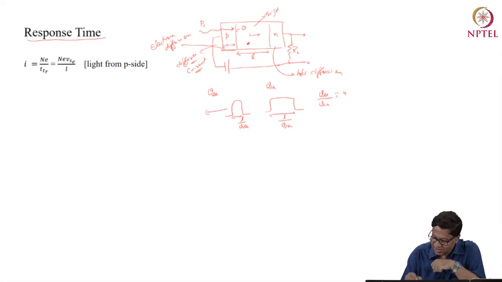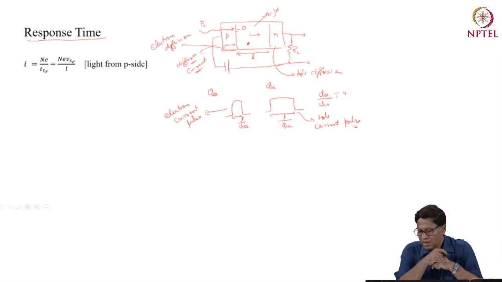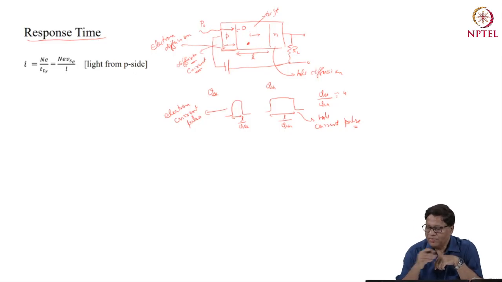So let me denote this as the electron current pulse. And this is the hole current pulse. So if these electron hole pairs are generated in the middle, each one will travel L by 2 distance.